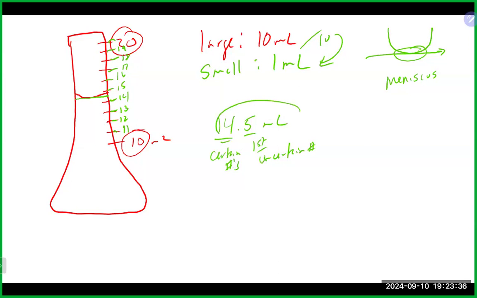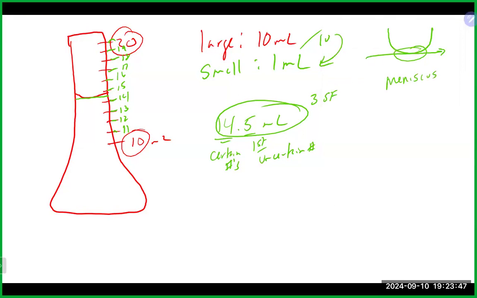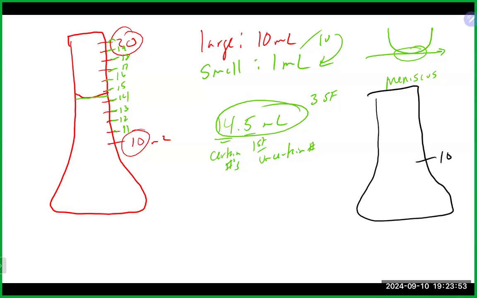And again, that would then mean that this one also has 3 significant figures in this particular case. Once again, when you look at scales, even if you're using the same graduated cylinder, it may have different markings. So for example, if we had this one, and we'll put a little bit of that right about there.